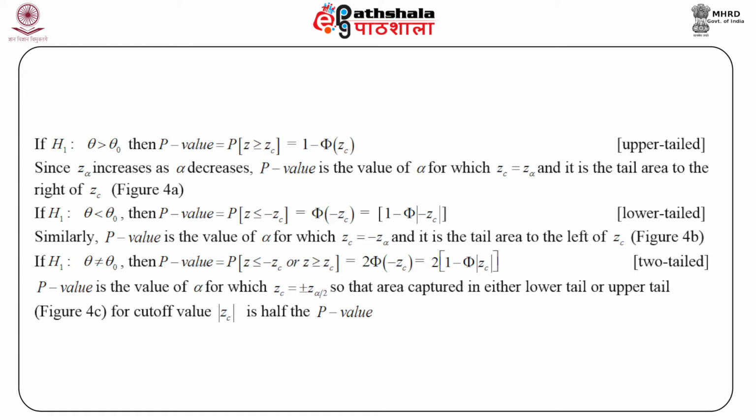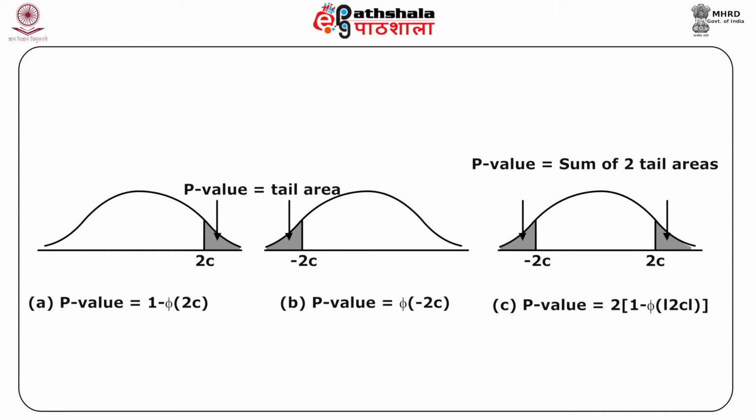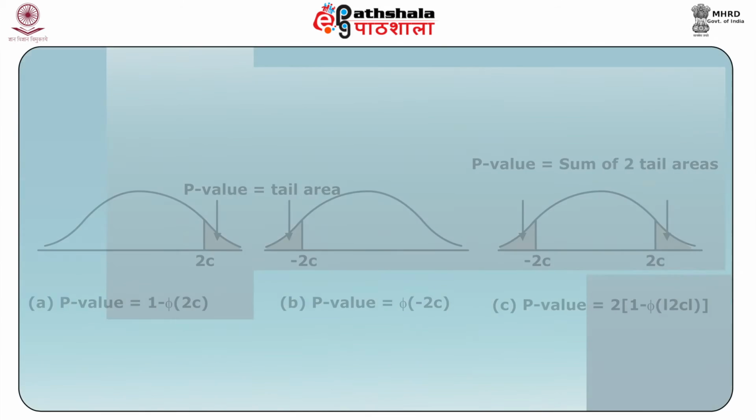Now, the p-value is the value of alpha for which ZC is equal to plus minus Z alpha by 2. So that area captured in either lower tail or upper tail, which is figure 4c, for cutoff value modulus ZC is half the p-value. So I am sure you can all observe these three diagrams for A, B and C and see how we have tested the upper tail, lower tail and both the tails in these diagrams.